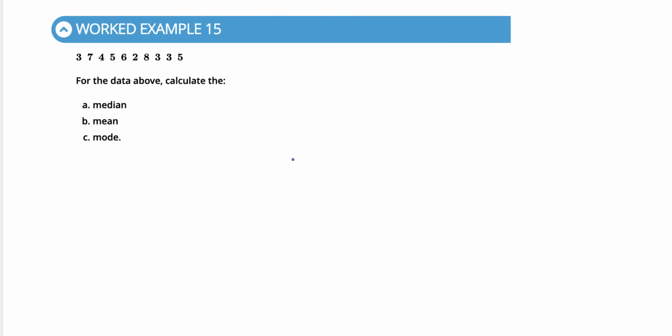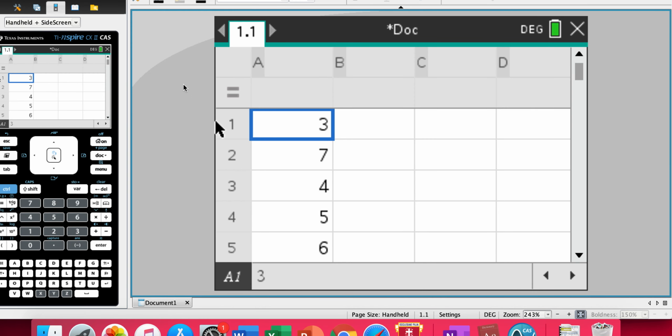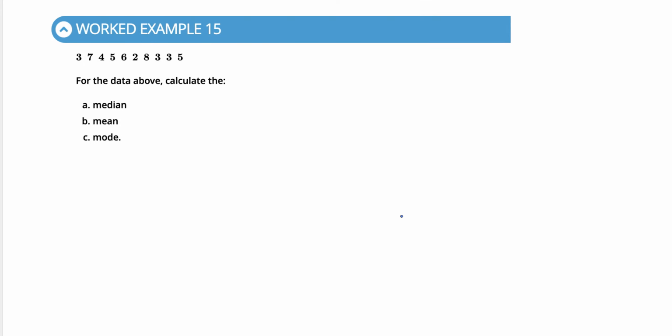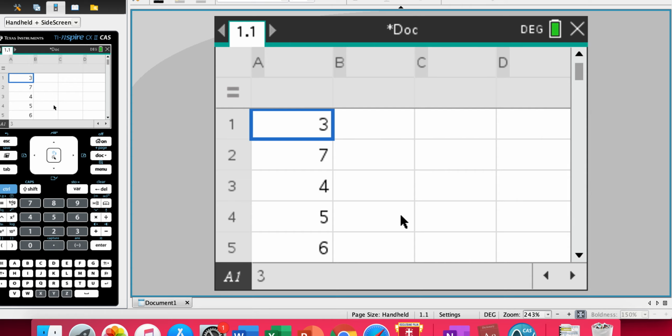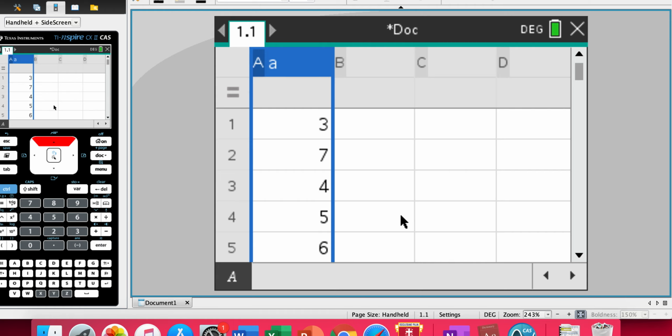Wonderful. So we have this data and we are going to go into your CAS calculator. I have already entered the data here so that it doesn't take me as long and we don't waste video time. I'm going to call this column A. Good. Remember that once you enter the column, to select all, you just go into the name and go up and you have selected all the data.